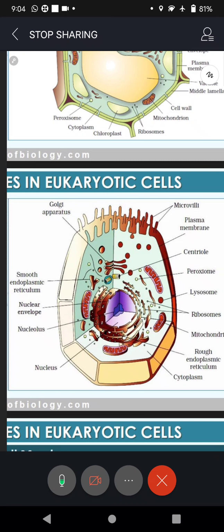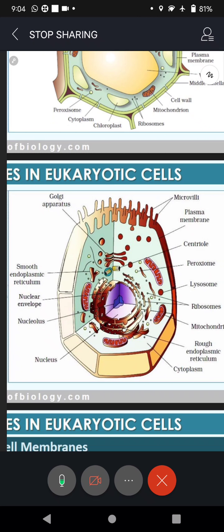And then microvilli, small structures. Golgi apparatus, Golgi apparatus or Golgi body, both are same. Smooth endoplasmic reticulum, nuclear envelope, nucleolus, nucleus, cytoplasm, rough endoplasmic reticulum, mitochondria, ribosomes, lysosomes, centriole, peroxisome.